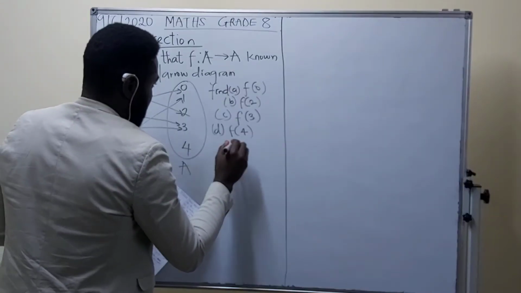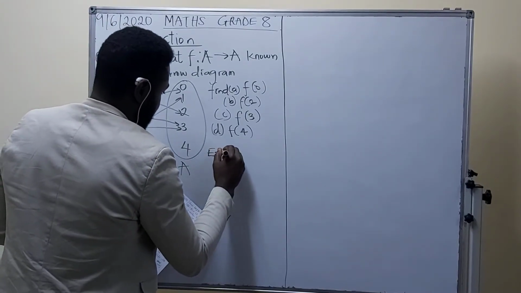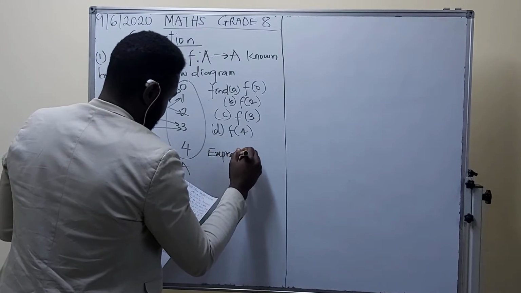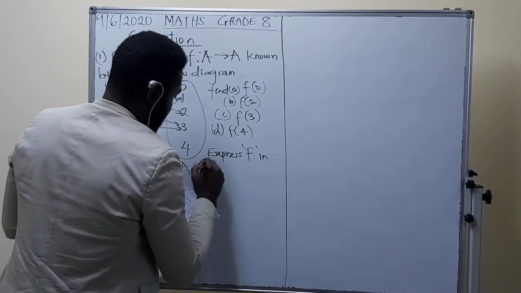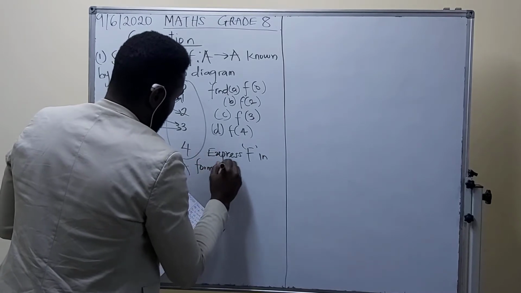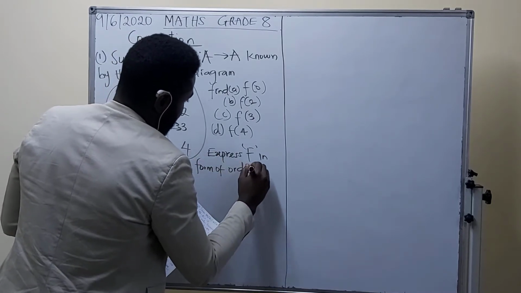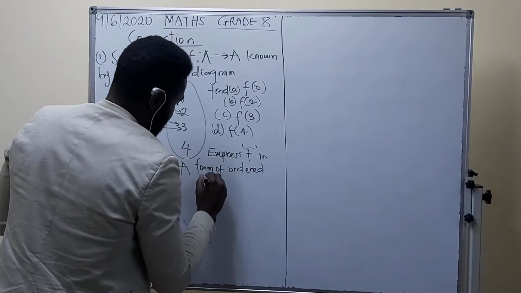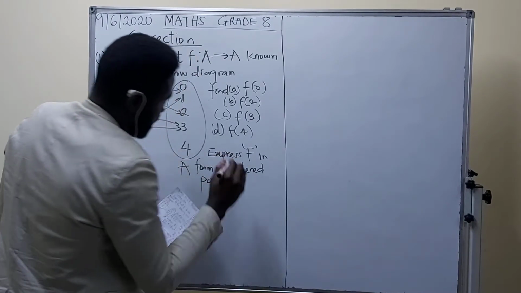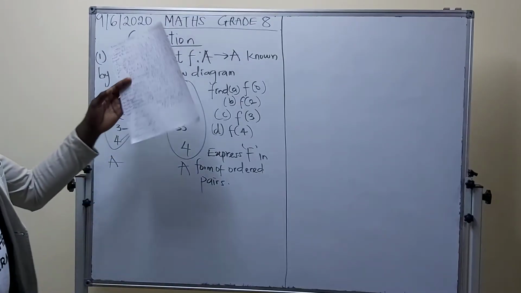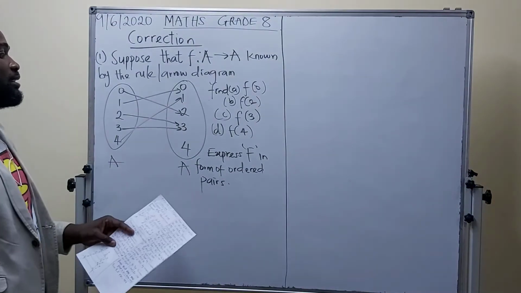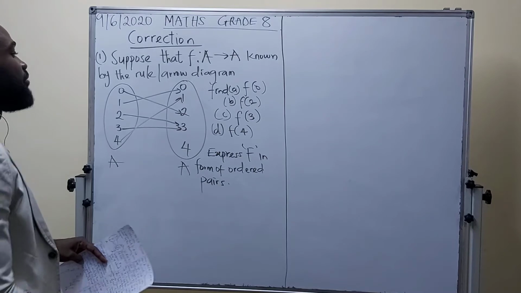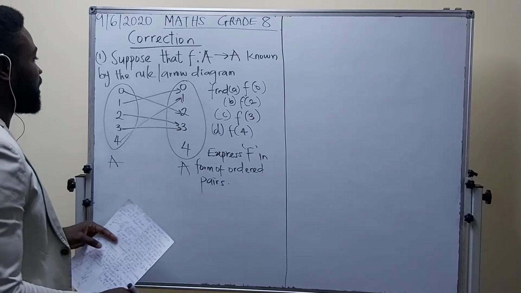The other question says, express the application f in form of ordered pairs. So with what we have on the board, this is more of a direct question. This is something under image, on that very topic, application.